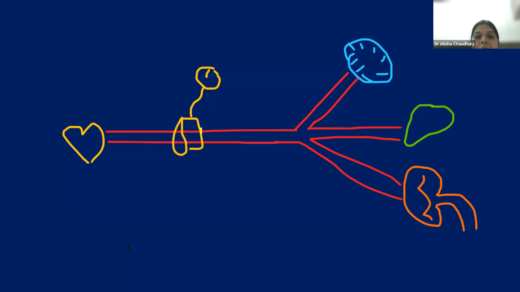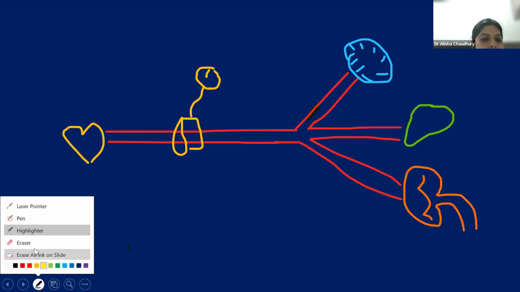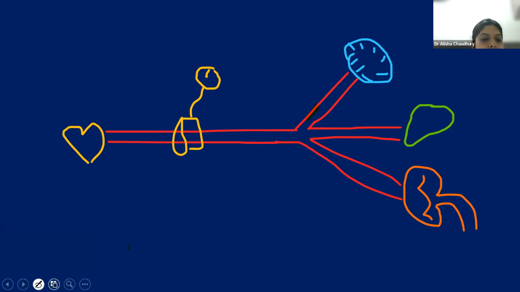It is quite upstream. So the purpose of this diagram was to tell you about the auto-regulatory mechanisms in the body which take care of the blood pressure which you keep measuring at the bedside. Somewhere in these vessels near the end organs, the peripheral vessels, you have alpha-1 receptors.